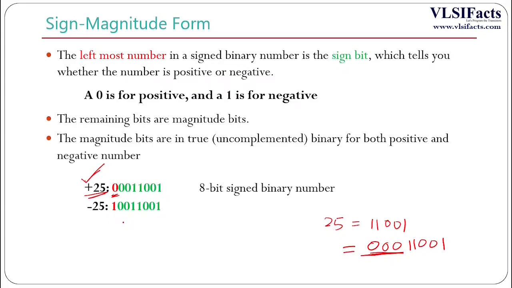But in case of negative 25, which is minus 25, the leftmost bit should be 1, which indicates that this is minus 25. You can see that the magnitude is same for both plus 25 and minus 25. As we have studied, the magnitude is same for both positive and negative representation, only the sign bit will decide whether this is a positive number or a negative number. So 0 for plus 25 and 1 for minus 25.